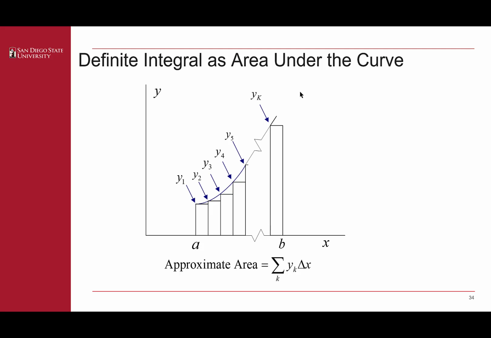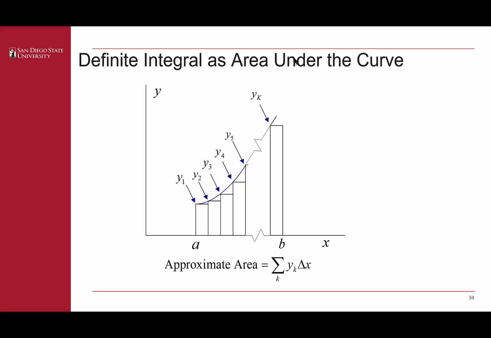However, if you make these rectangles very small, by small I mean very thin, then we will have too many rectangles in the same area between point A and B as the boundaries. We will have too many thin rectangles, but if we add the areas of these rectangles together, we will have something very close to the real area under the curve.